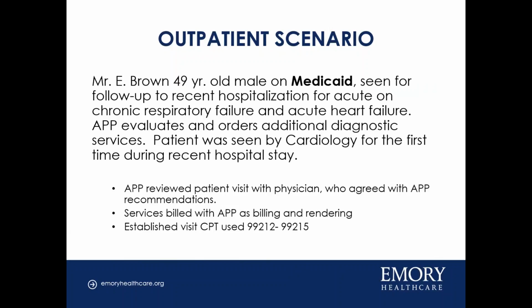There is no Incident 2 for Medicaid, and you don't bill it under the physician because the services were provided by the APP. She would choose the appropriate established CPT code, 99212 to 99215, depending on the documentation.